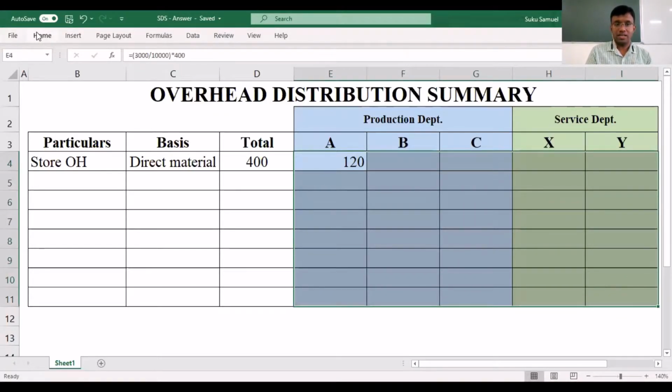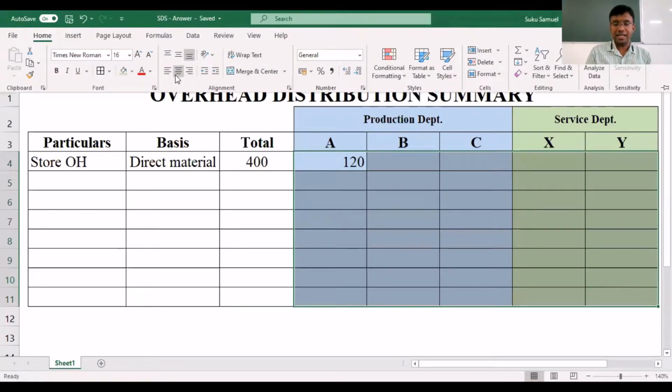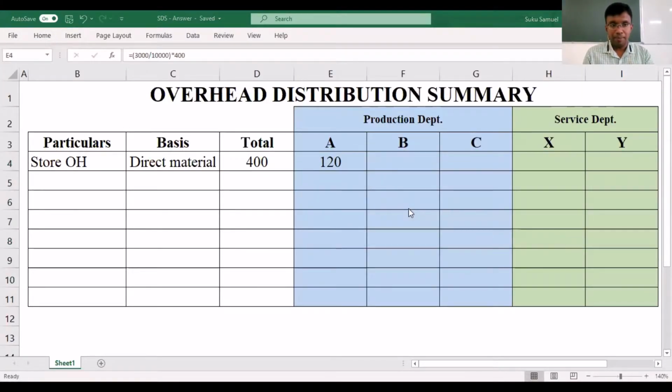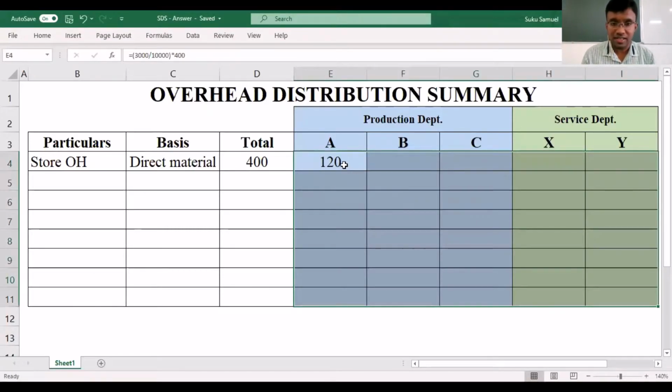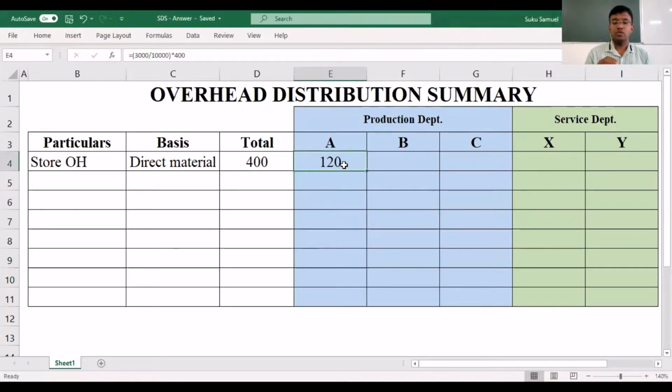I got 120 by dividing 3,000 by 10,000. What is the significance of 3,000? 3,000 is the share of direct material that belongs to department A. What is the significance of 10,000? 10,000 is the sum total of all the direct material in the organization.